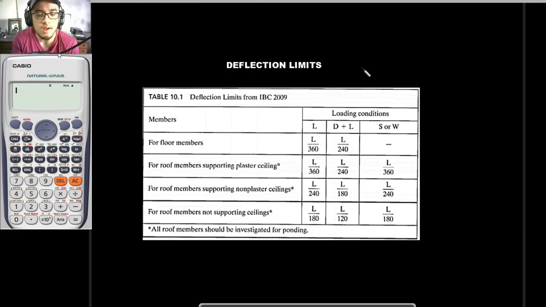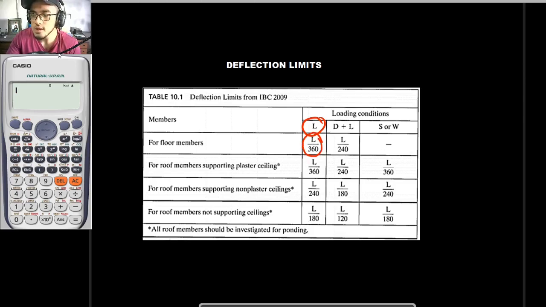And when we talk about deflection, you wouldn't be using factored loads here. Service loads only. By service loads, it means it is not factored. As simple as that. So, L or DL or whatsoever. So, for example, that you are only to consider live load in your analysis, your beam should not deflect greater than L over 360.